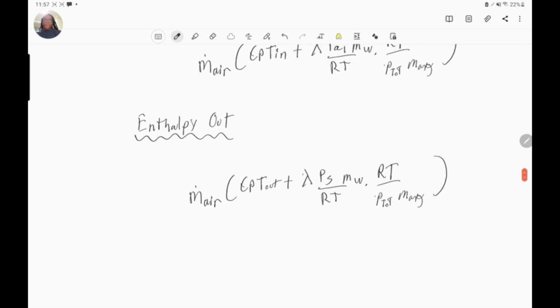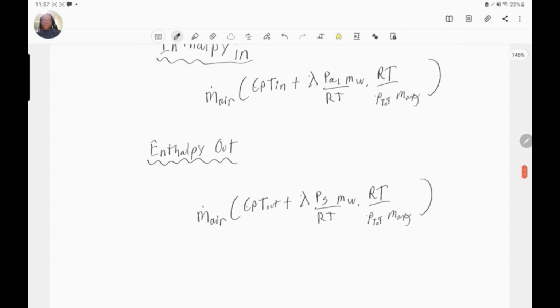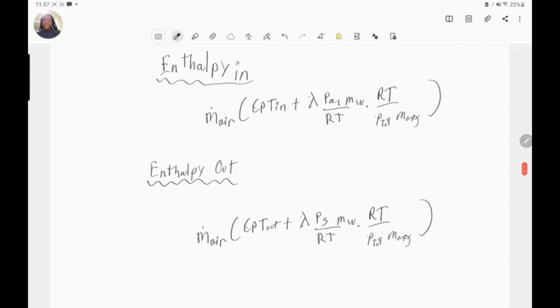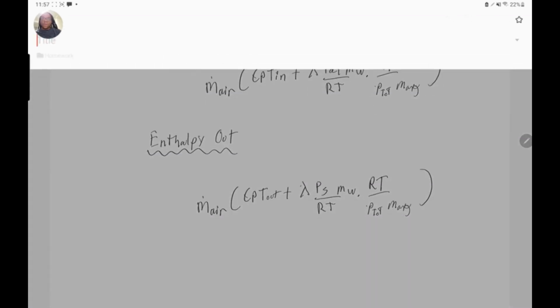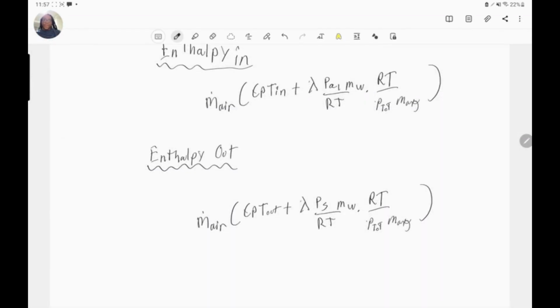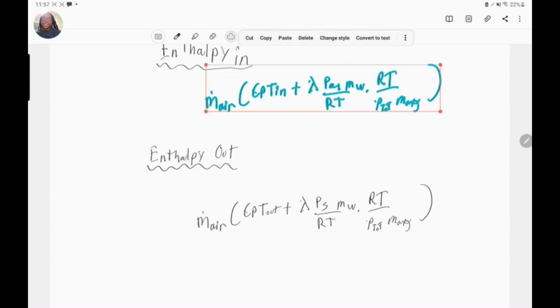Because this is infinitely long, the enthalpies will eventually be equal to each other. Our enthalpies will equal each other here because this is a steady state system.